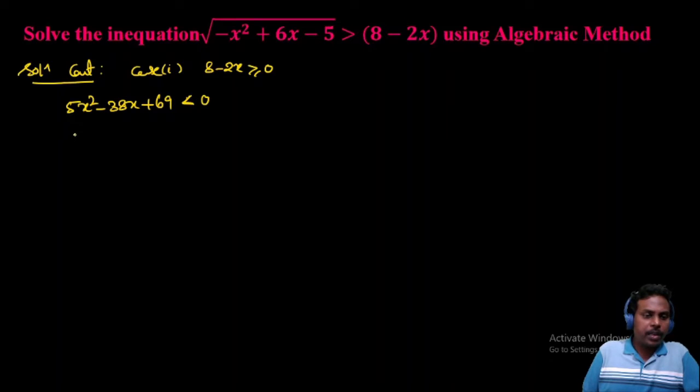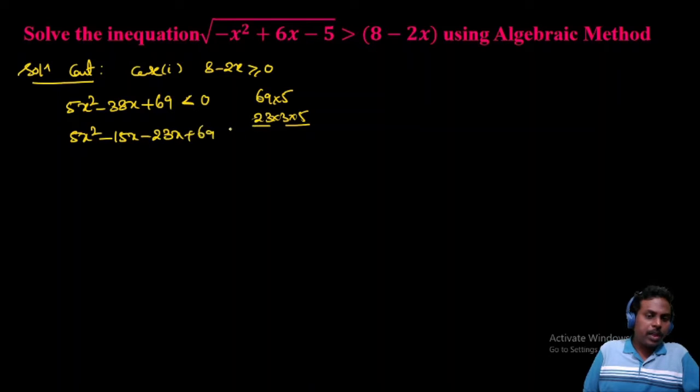Okay, let me factorize it. So 5x square minus... 69 into 5, it is 23 into 3 into 5, so 23 and 15. So this is 5x square minus 15x minus 23x plus 69 less than 0.